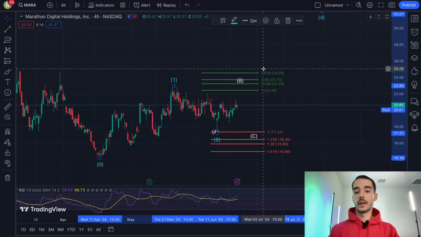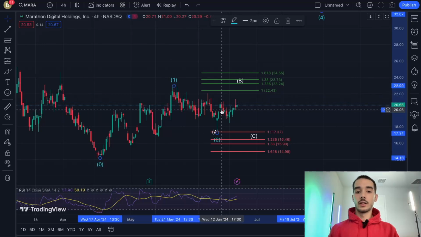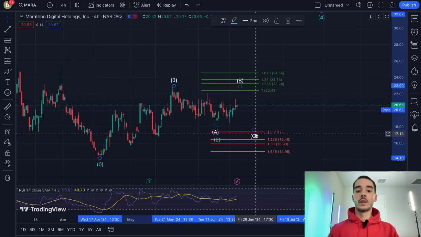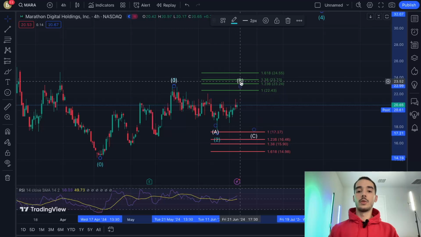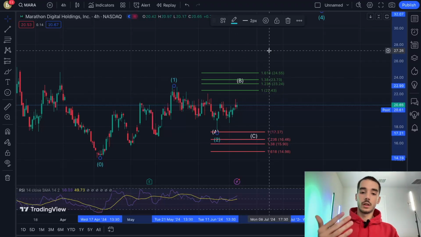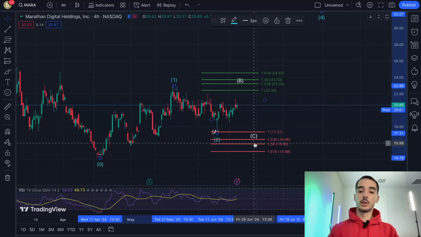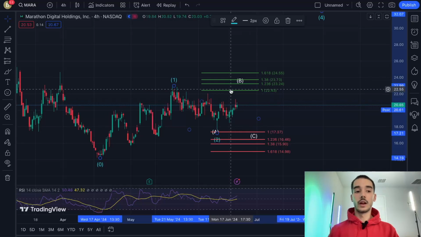We can start looking at what that can be. Until then, though, I'm looking at a more extensive 3-wave correction, and then we can bottom out the second wave somewhere around here. But like I said, until we make that new high, hold and then bounce higher, this is still valid, and that can invalidate this, and we can move higher.